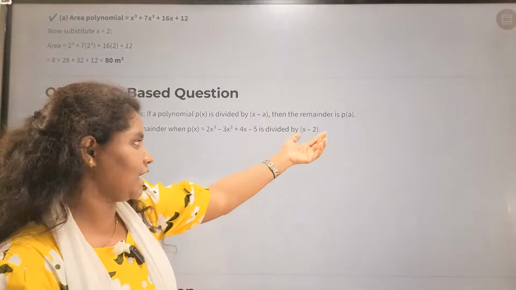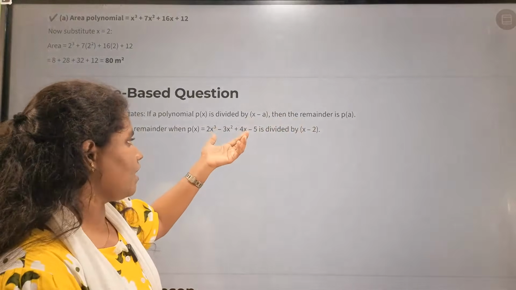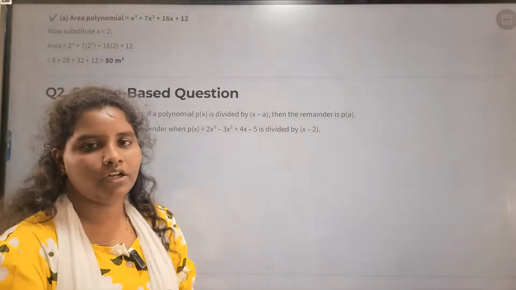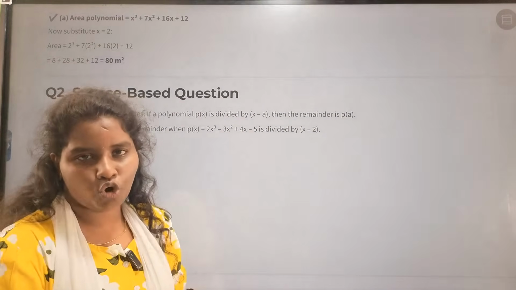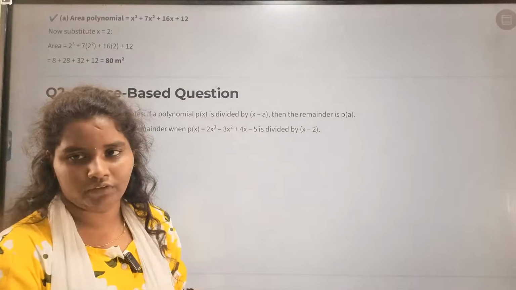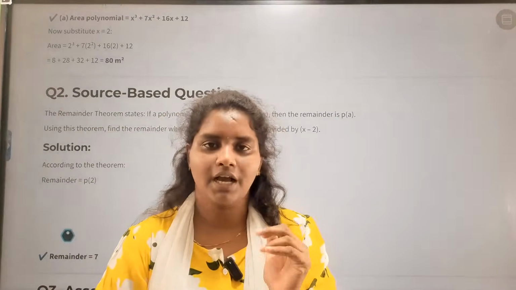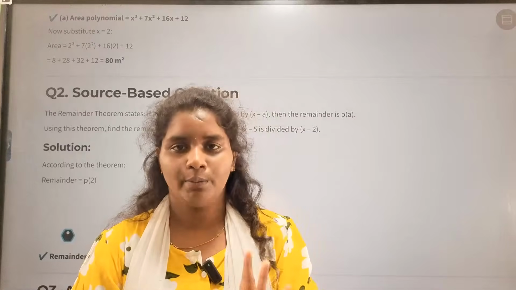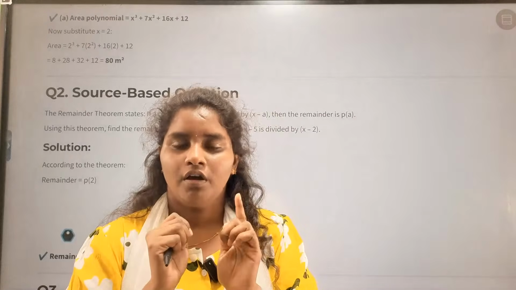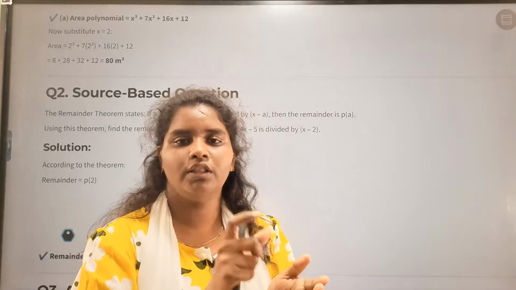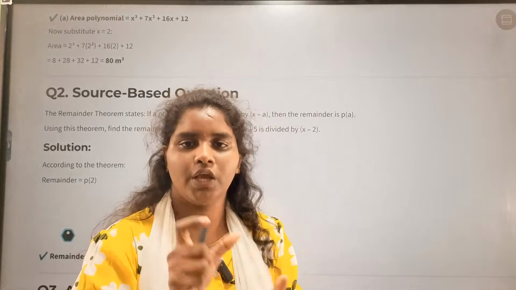So it's a factor and here we have a cubic equation, right? So we have to find 2 more factors for this cubic equation. So by using remainder theorem, we have to put one factor equal to 0.